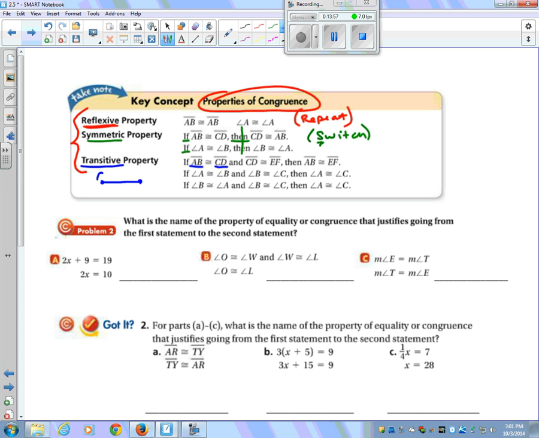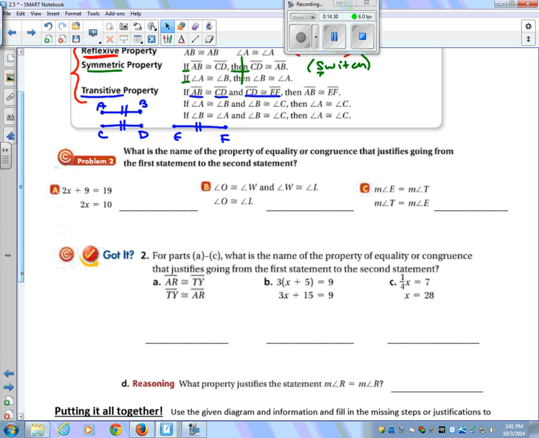If segment AB is congruent to segment CD, and CD is congruent to EF, well, then AB must be congruent to EF. They're all the same length. And so forth with angles. Transitive.